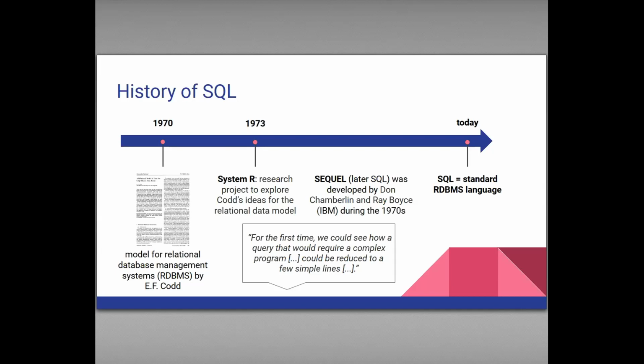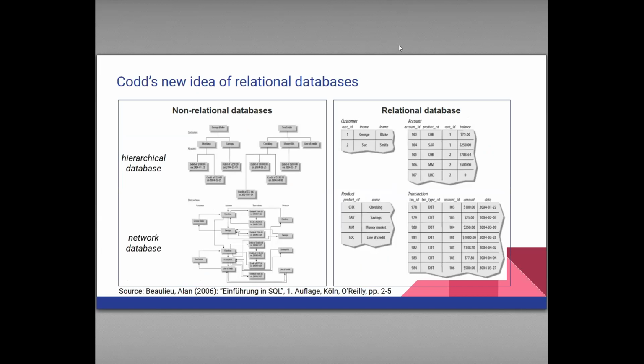To understand what relational databases are, how they look, and what the main difference is to non-relational databases, let's go to the next slide. Here you can see that at the time Codd published his paper, non-relational databases were dominant, for example hierarchical and network databases, which you see on the left. In hierarchical databases, the data are stored in a tree structure. At the top, you can see, very small, customers, accounts, and transactions, stored in a tree structure.